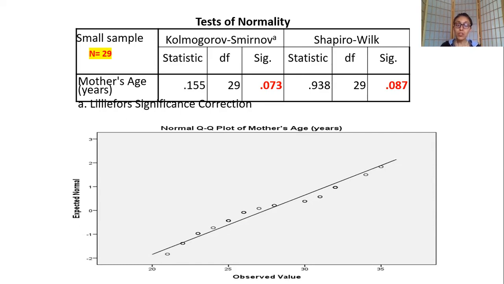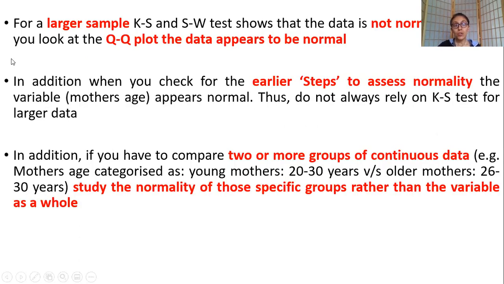So always with normality, the rule of thumb is to use multiple testing techniques. Don't just rely on one thing. For a larger sample size, the KS and SW tests show that the data is not normal. We saw that earlier with the sample size of 150. But when you look at the QQ plots, which we did see, it appears to be normal.